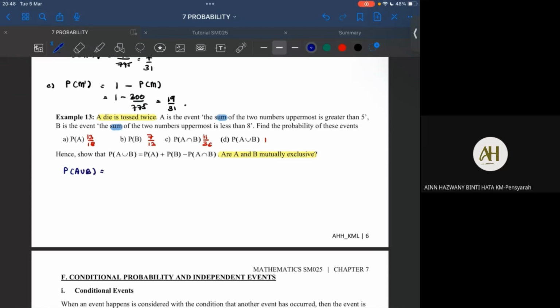If it is mutually exclusive, P(A union B) equals P(A) plus P(B), because we know P(A intersect B) equals 0, so we ignore P(A intersect B). So P(A) is 13 over 18, P(B) is 7 over 12. How much is that? 47 over 36. Okay.